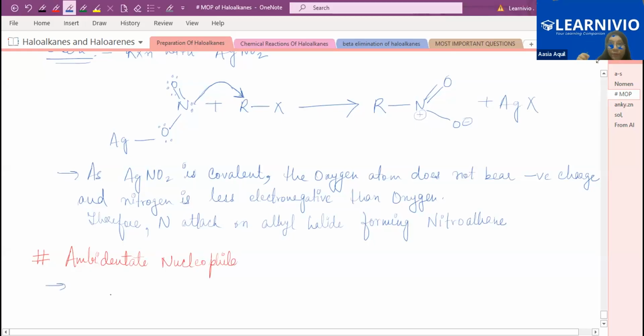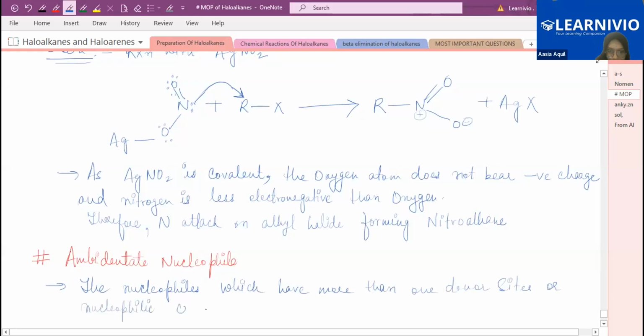That type of nucleophile which has more than one donor site, or you can say which has more than one nucleophilic center for attacking and bond formation.